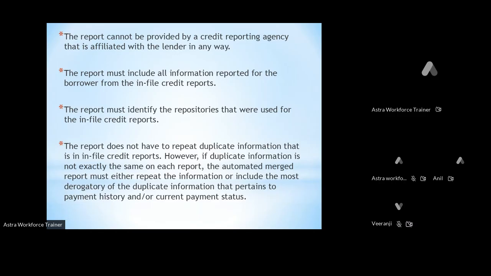Say, for example, you are applying for a loan with an HDFC account. If HDFC Bank is affiliated or has a tie-up with any other credit reporting agency, we will not consider that, because the lender can do favors for them, right?